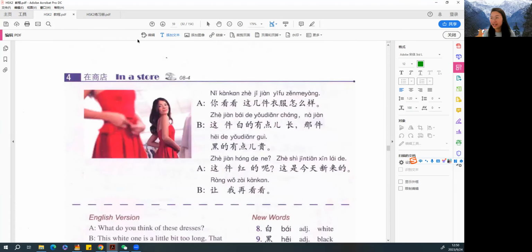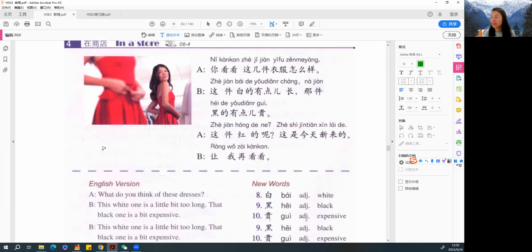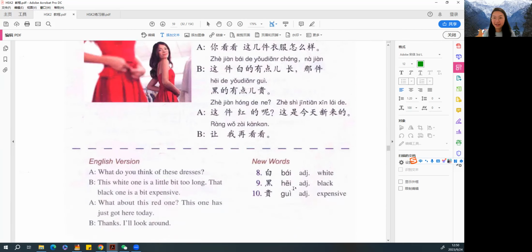Okay, so number 4, in a store, 商店 the shop, right? 商店 we've learned this. 不挨白喝 A 黑各位贵, we already learned this 贵 in our previous exercise. Remember it? So this is expensive. And when we're talking about something expensive, of course there's something affordable, right? This is 便宜, the pinyin is 便宜, both the second tone, and this is a very neutral adjective.